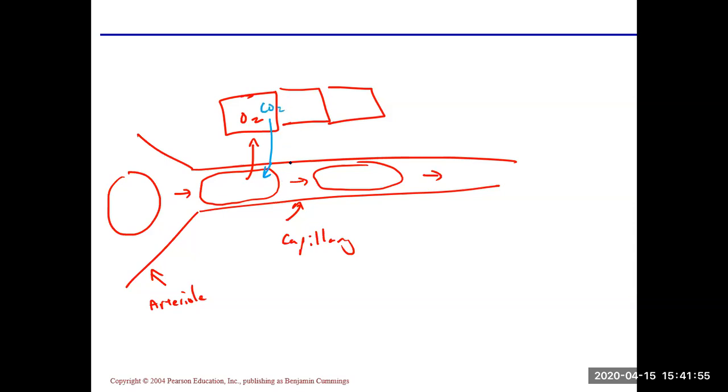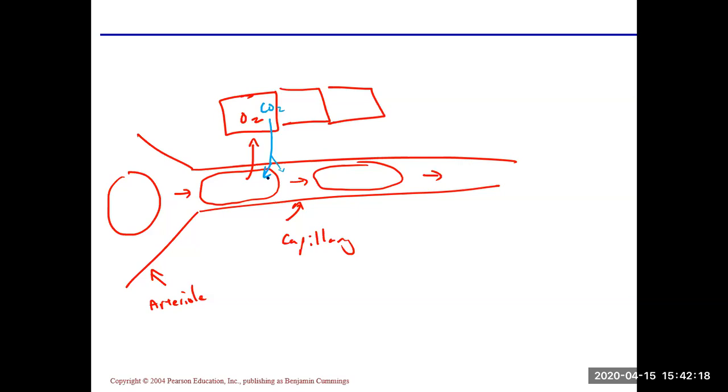Here's a carbon dioxide, or some of them could go to the plasma as well. We'll discuss what percentage of it could go where later. But the idea is that the shape allows it to change, and that's pretty important. That gives it the flexibility.